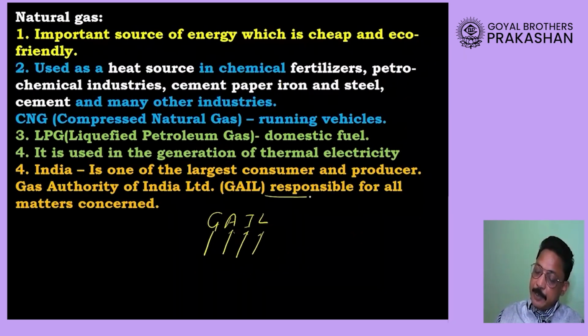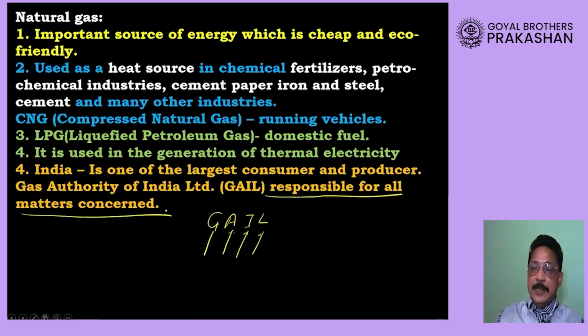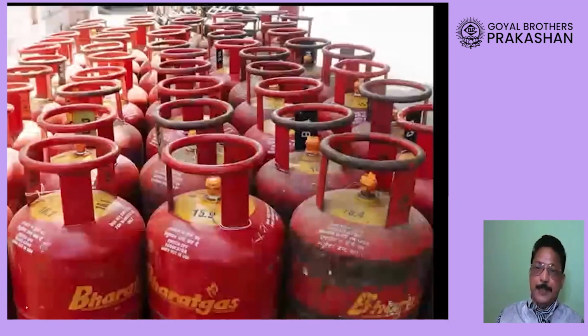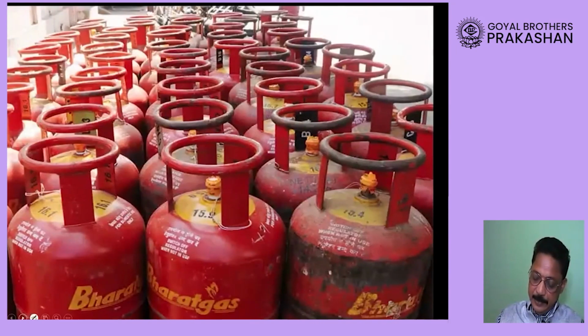It is responsible for extracting and supplying this natural gas, and carrying out surveys where it is found. So GAIL is responsible, dear students, for all the matters related to natural gas and LPG produced using natural gas.